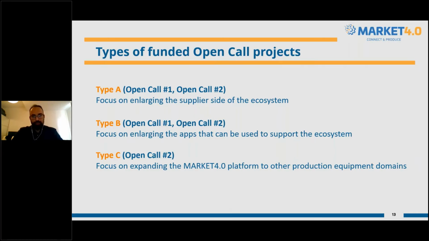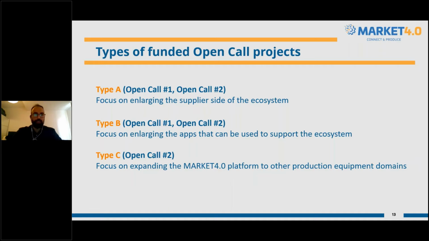So the scope, very briefly, of these 3 types of open call projects: type A focused on the supplier side of our ecosystem. If you remember the triangle that was presented earlier of the MARKET 4.0 ecosystem, it's the left side, the production equipment supplier side. The purpose here was to include more production equipment suppliers and their offerings, equipment and products, to connect them with the main MARKET 4.0 platform.